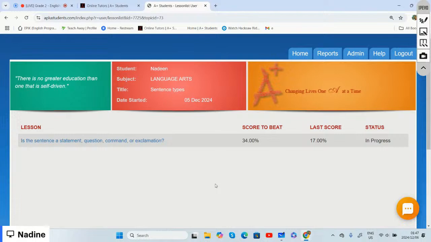A command makes a request or tells someone to do something and it either ends with a period, or, if it shows strong feelings or stresses a point, it ends with an exclamation mark. And then we have an exclamation, which is like a statement, but it ends with an exclamation mark. It shows strong feelings or surprise.